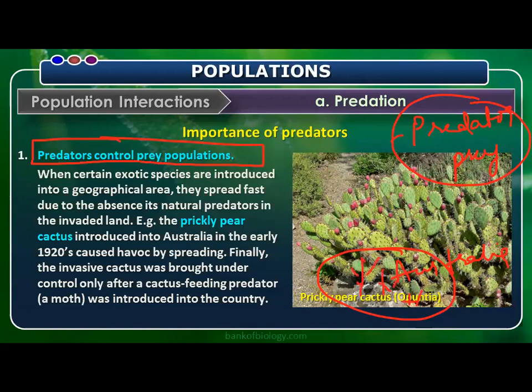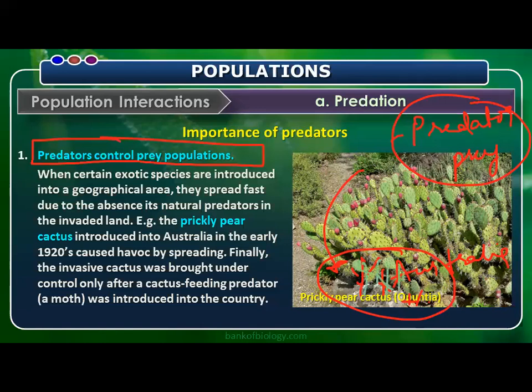One thing you have to understand here: there was no prickly pear cactus in Australia, and someone accidentally or deliberately introduced it.